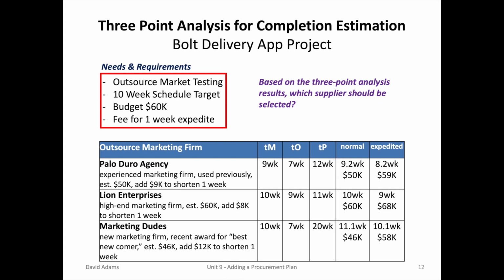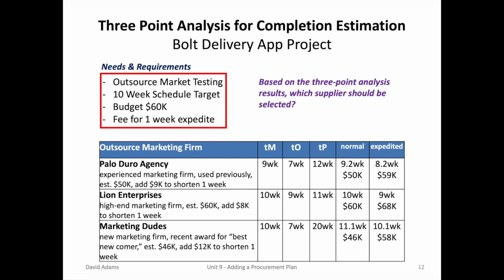But then you may look at it and see, well, hey, with the expedited fee the Marketing Dues could get it in 10.1 weeks, close enough, for $58,000. But that still doesn't beat the Palo Duro Agency for the normalized expected delivery in 9.2 weeks at $50,000.